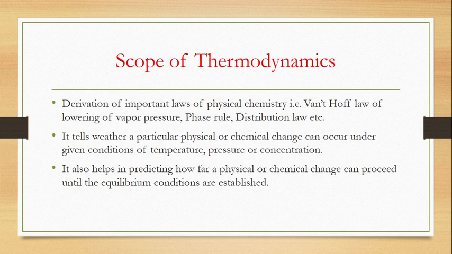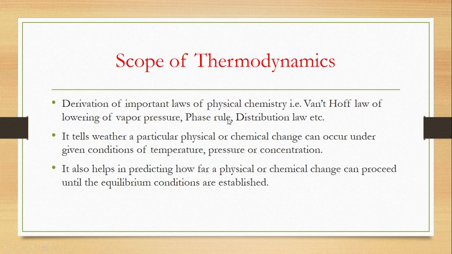Now, first of all, scope of the thermodynamics. Scope is very much important when we discuss the thermodynamics or any other subject. First of all, the important laws of physical chemistry can be derived using thermodynamics.